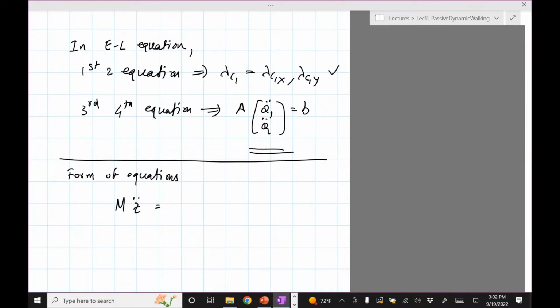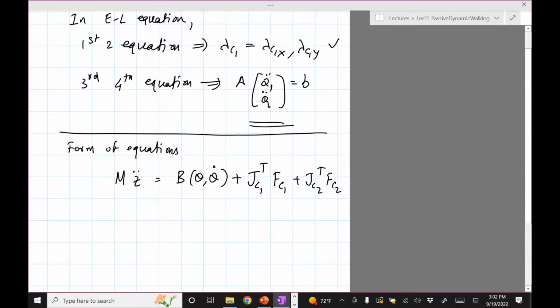m z double dot equals p theta theta dot plus, I'm going to replace the Lagrange multipliers with forces. That way it is easier to understand. FC1 plus Jacobian FC2. So this is like the general equations which I wrote down.